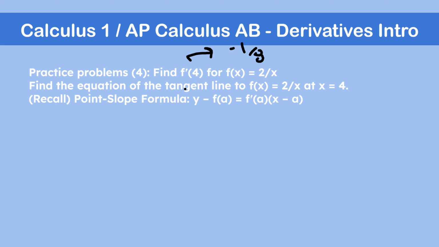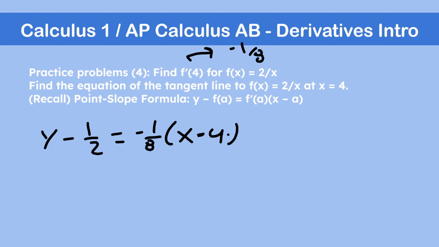Now we're trying to find the tangent line equation. We have y minus f of a, so y minus 2 over 4, which is just 1/2, is equal to negative 1 over 8 times x minus 4.